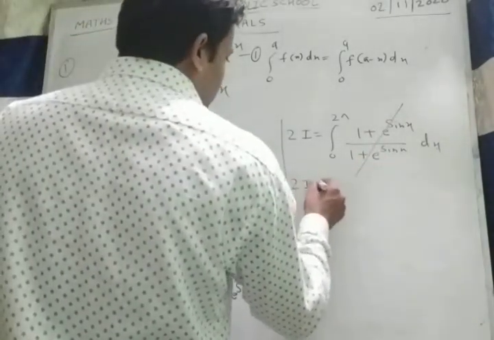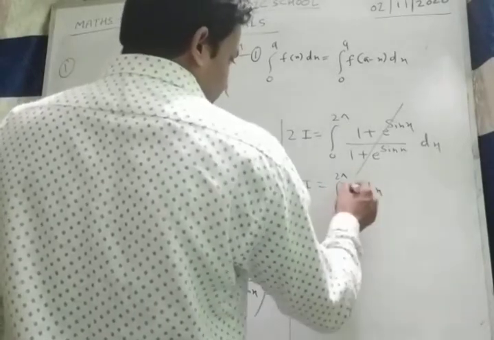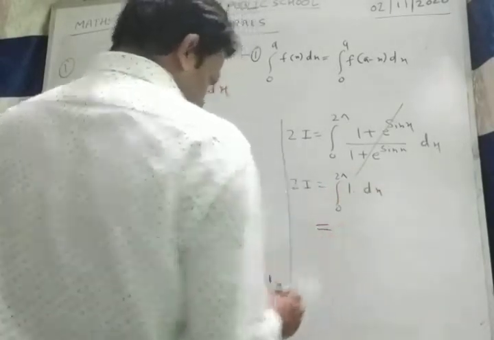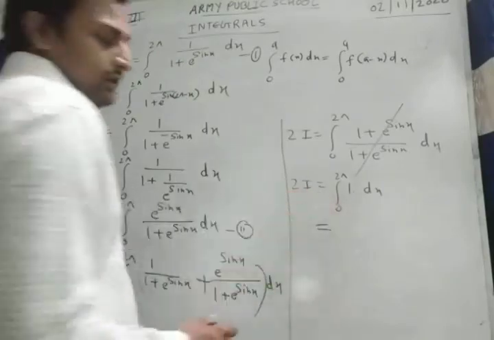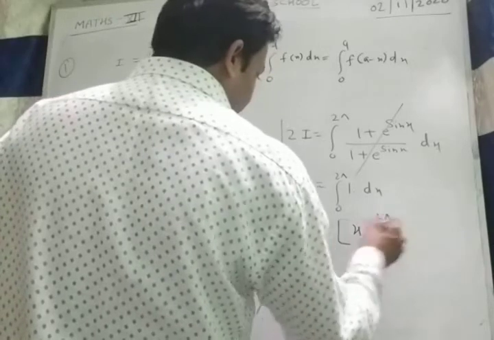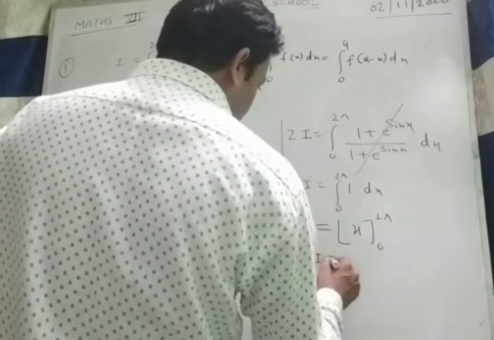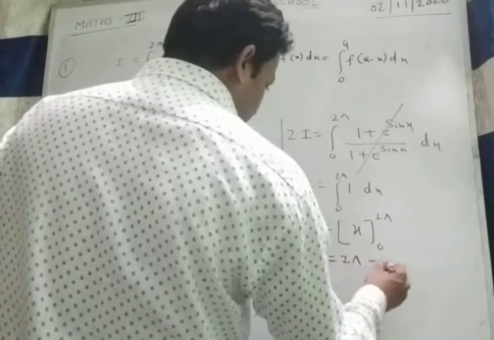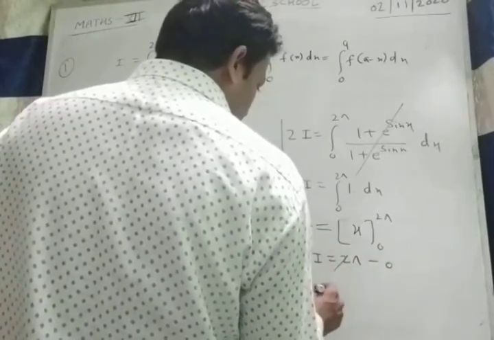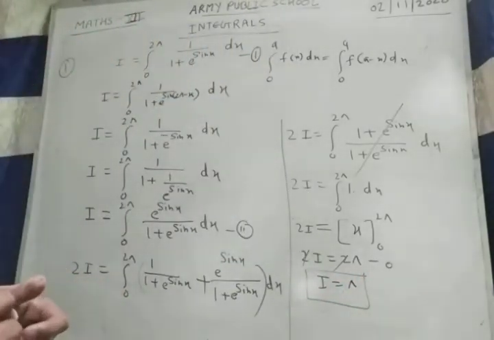So we get integral 0 to 2 pi of dx. Here is 1. Integration of this will be what? x. So we write x from 0 to 2 pi, that is 2I is equal to 2 pi minus 0, and this 2 and 2 will be cancelled. So the answer will be what? I is equal to pi.